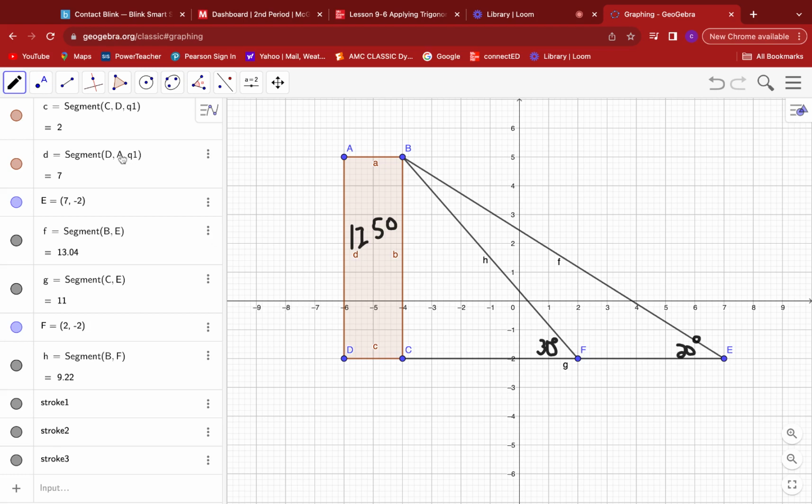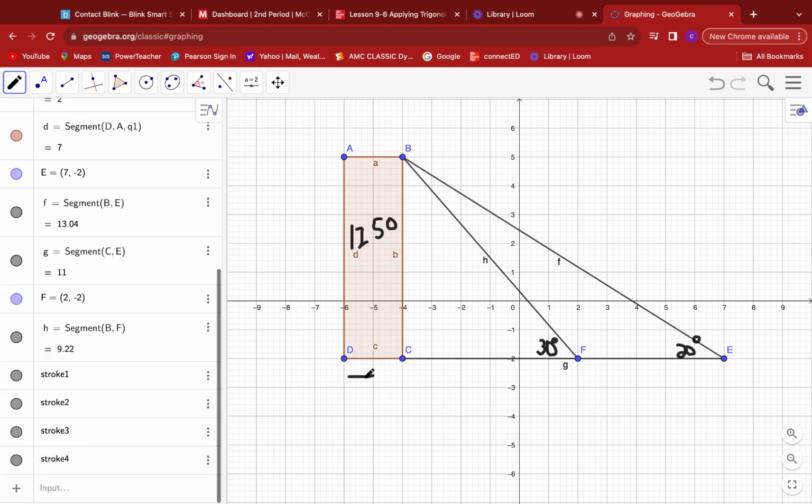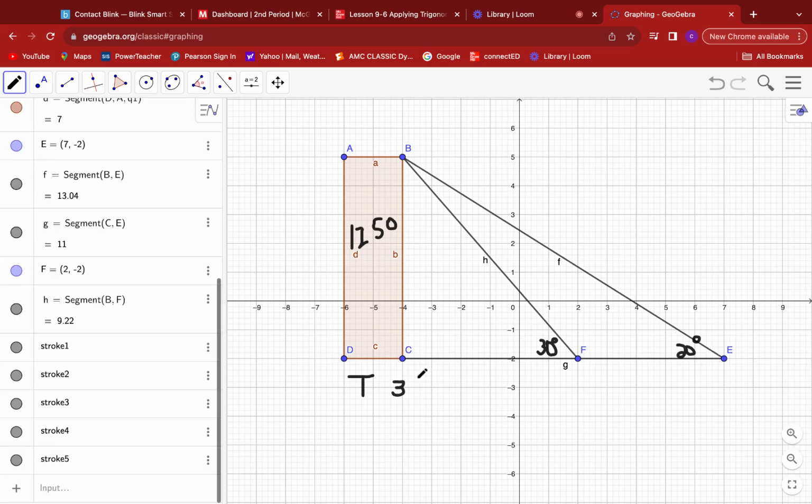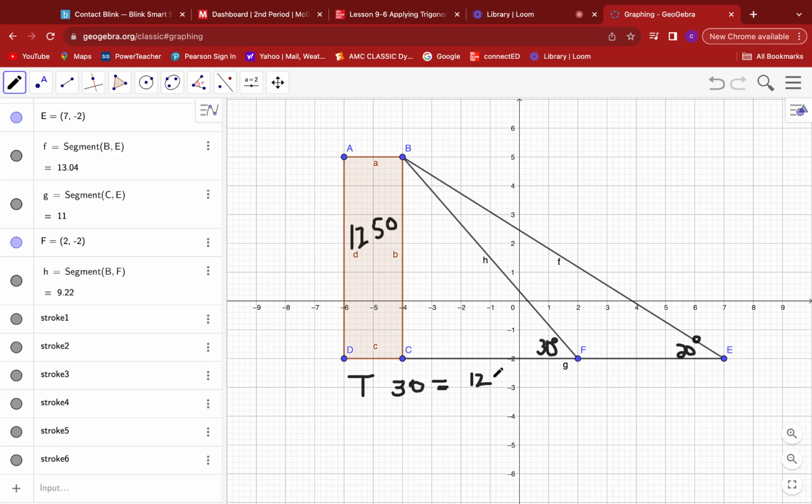All right. See if I can do this any justice at all. All right, so we got tangent. We're going to do tangent 30 degrees is equal to opposite, and that's going to be your 1250, divided by your adjacent x.